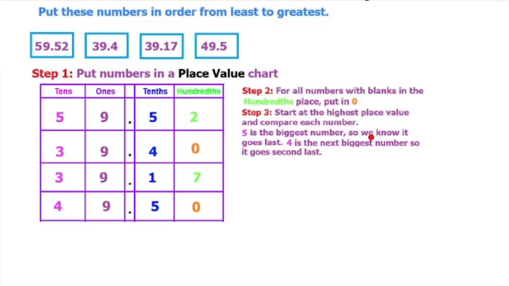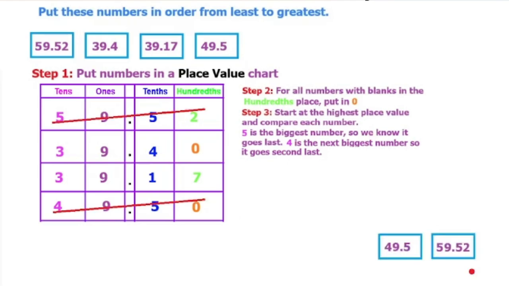So we don't need to check every single digit here. We automatically know this goes last and this goes second last. Okay? So we could cross those two out. So we're going to put this one last, 59.52, and then 49.5 will be second last. So we know this is the biggest number, this is the second biggest number.